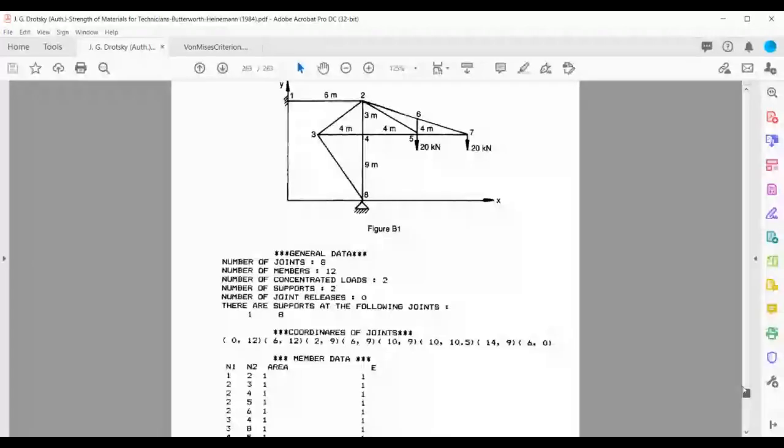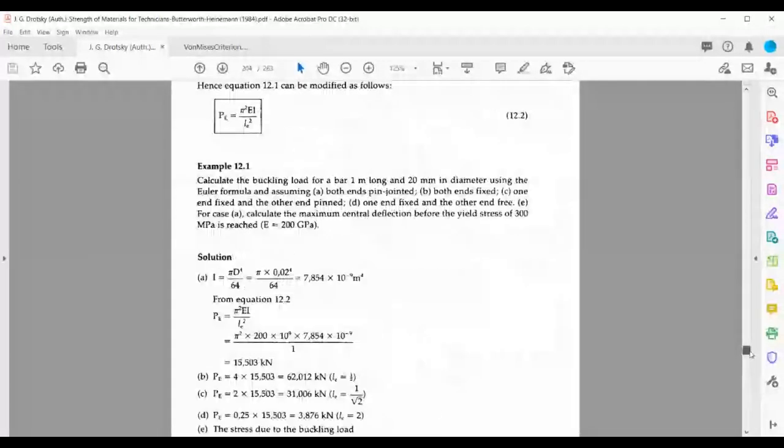No, that's what I'm basically telling you. If you look at chapter 19 of the textbook, right? Like I said, I mentioned this in the previous one, but we don't have failure theories in this book.